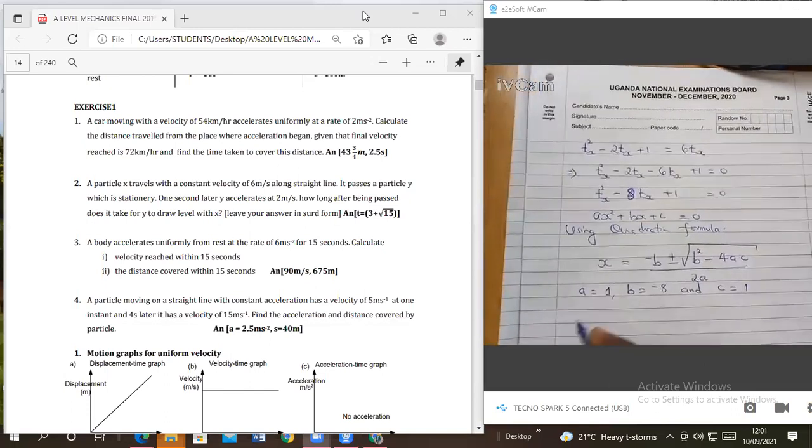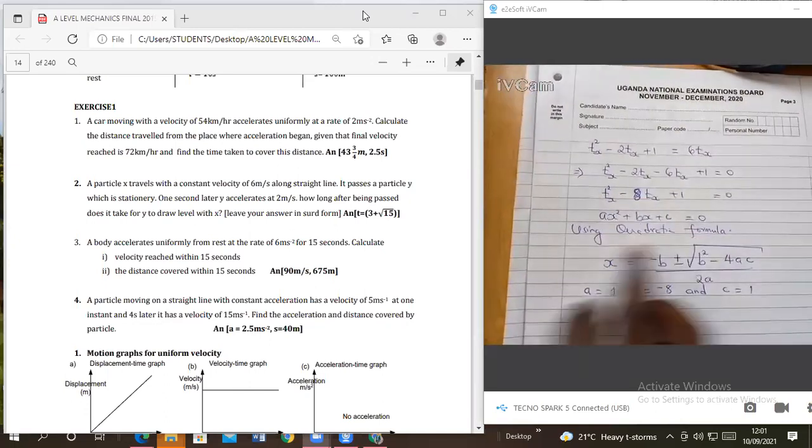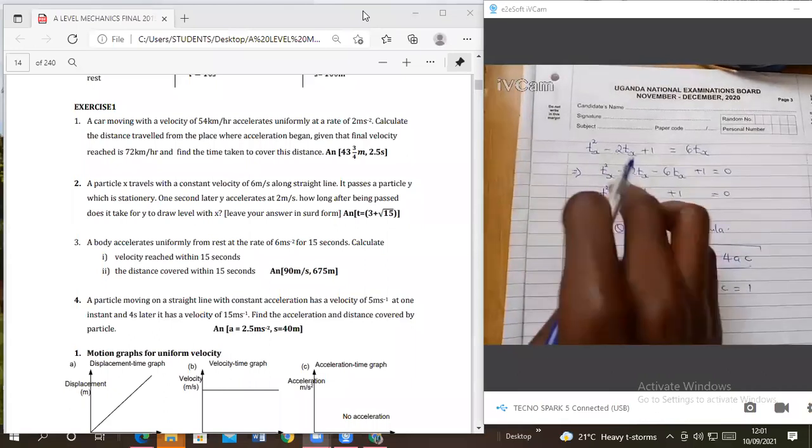So substitute. Since our equation is in terms of t, here we are just writing the formula, so make sure you are consistent.